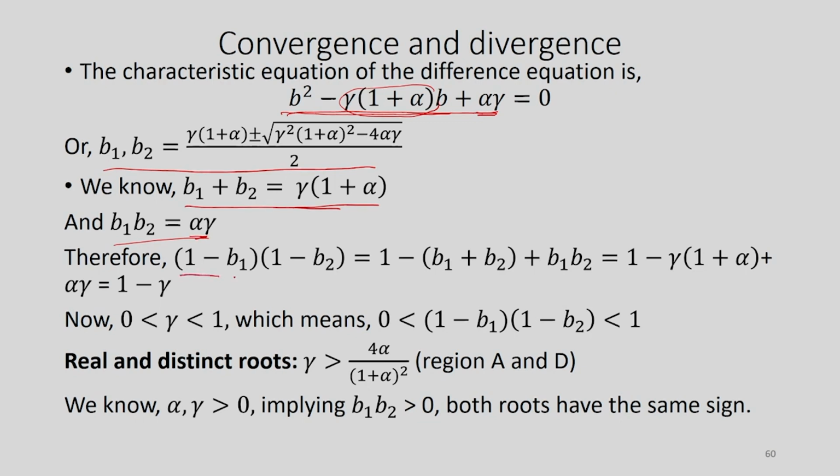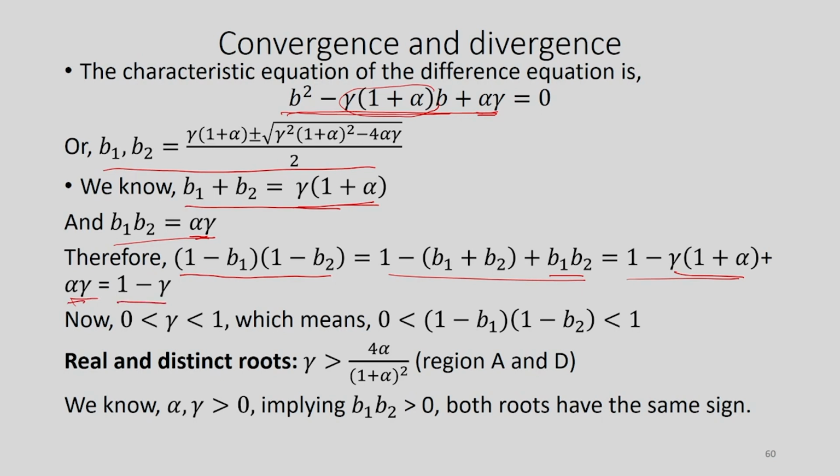Furthermore, let us look at this expression 1 minus b1 multiplied by 1 minus b2, where b1 and b2 are the roots. Now, this simplifies into 1 minus b1 plus b2 plus b1 b2, and this can be written as this, because b1 plus b2 we have just noted it is gamma multiplied by 1 plus alpha, that we substitute here, and b1 b2 is alpha gamma, that we substitute here, and we simplify, and it turns out to be 1 minus gamma.